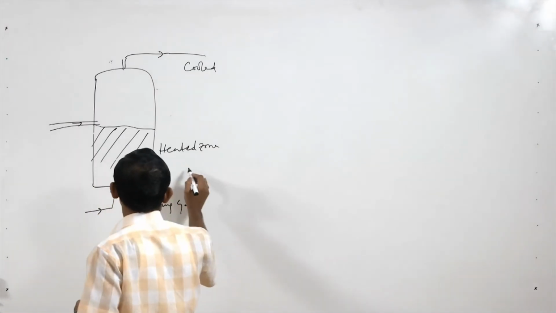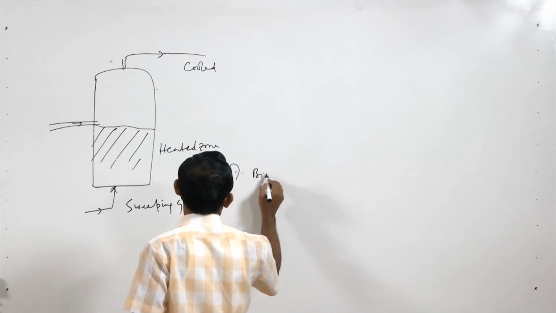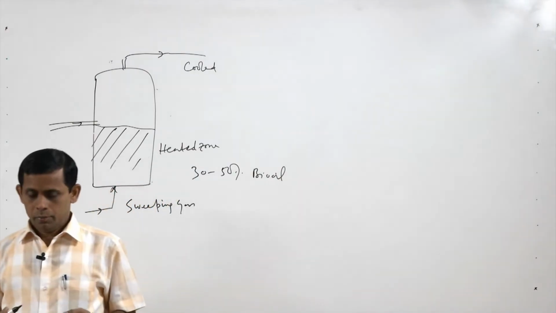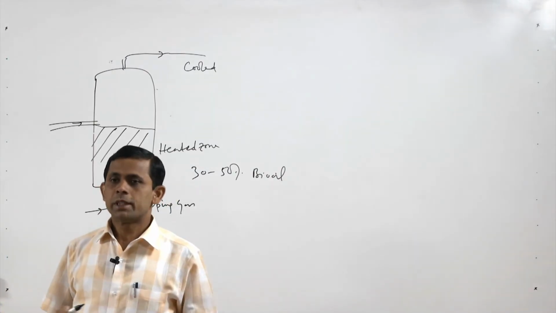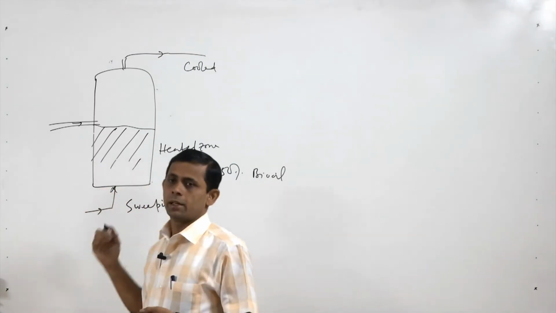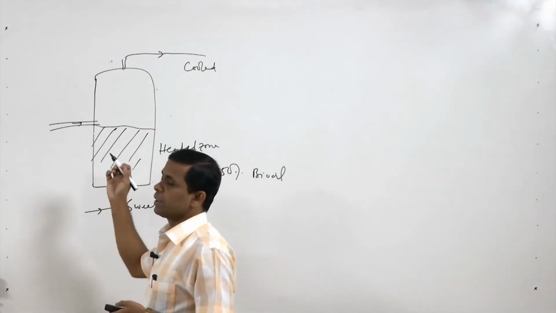It gives 30 to 50% of bio oil and gives more char, because it gets more residence time. We are not using here any heat transfer media like sand, unlike the fluidized bed and circulating fluidized bed.